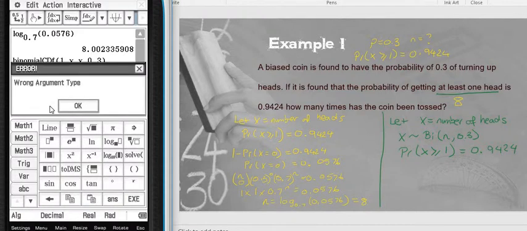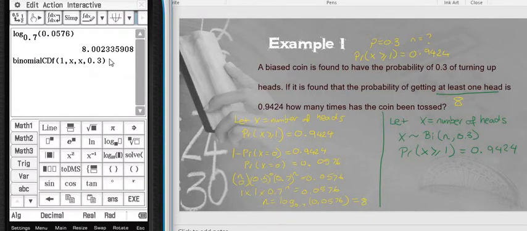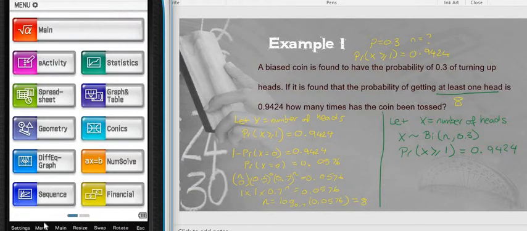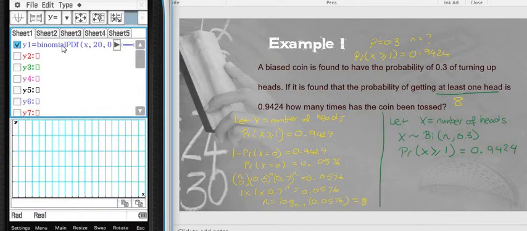So we press OK. Now it does say wrong argument type. Don't worry about that. What we're going to do is highlight what's written here, and copy it. And what we need to do is go into our graphs and tabs menu.